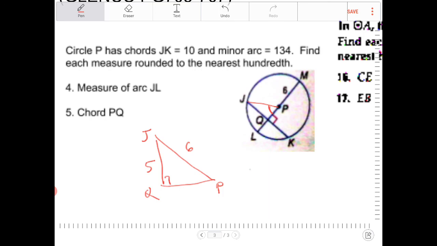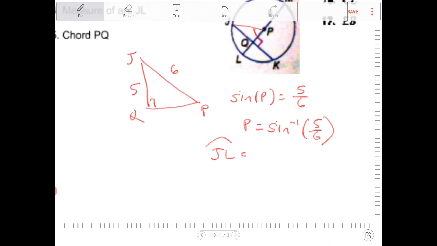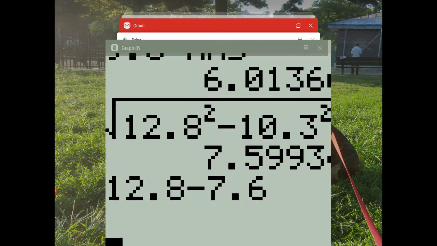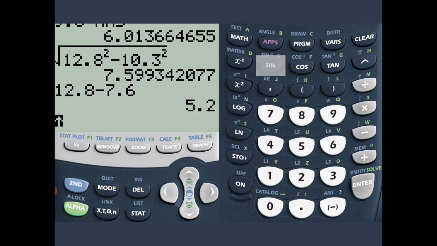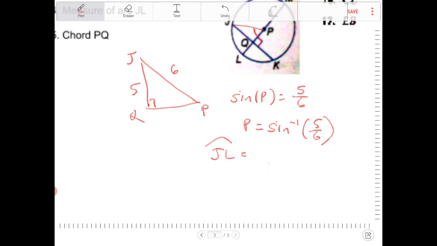So sine of P is equal to 5/6. So therefore P is equal to inverse sine of 5/6. So therefore JL will equal angle P. If I take arc sine of 5/6, that is 56.4 degrees.